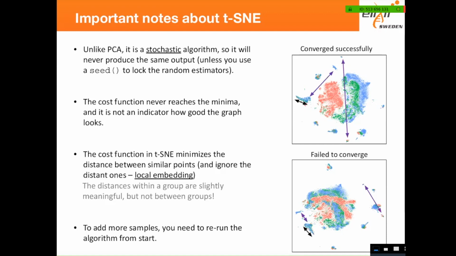Actually, to be more correct, for tSNE that also depends on the parameters that you use. If you define the perplexity, the number of neighbors that you consider, you could in theory also get a global embedding. There are actually papers tweaking the tSNE parameters so that it can capture the global structure of the data. But by default, tSNE only does local embedding.